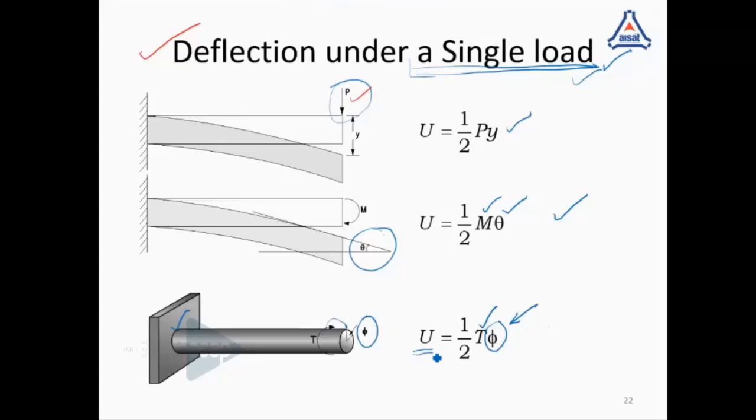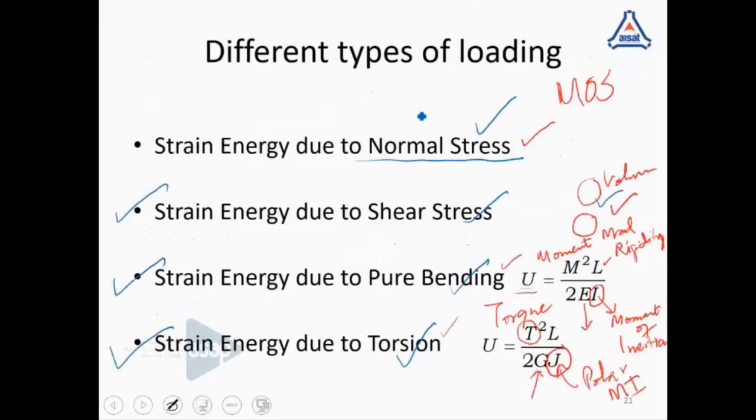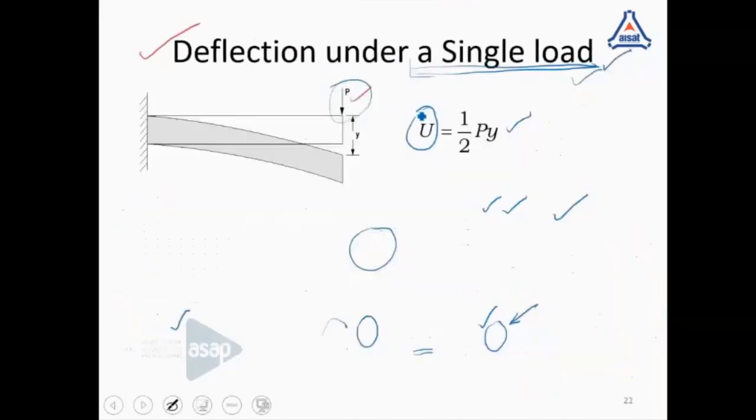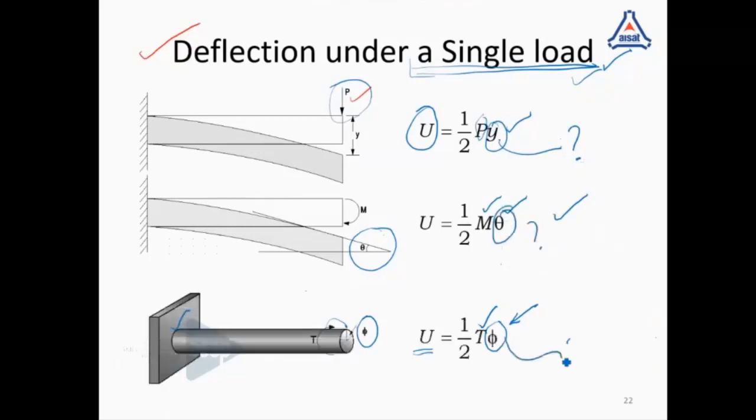Once a problem is given, we can determine U using the expressions which we have developed earlier. P, the applied load, is known to us. Using that, Y can be determined, or theta can be determined, or phi can be determined.